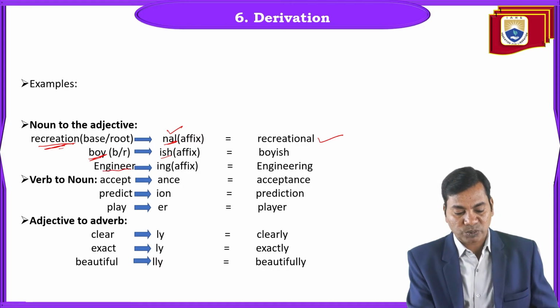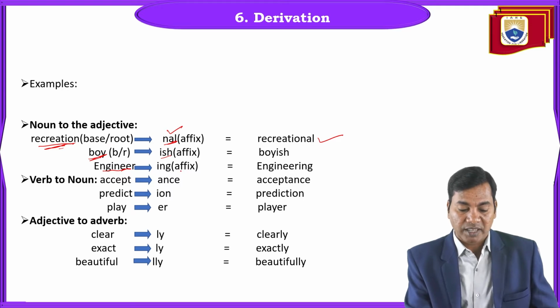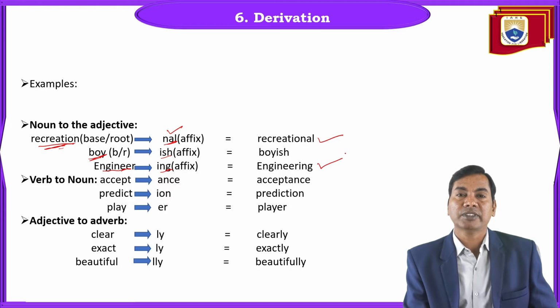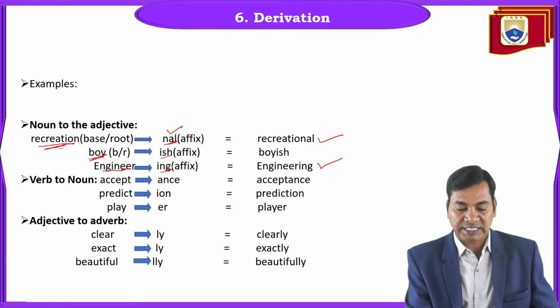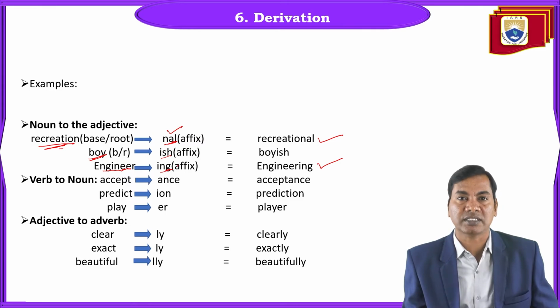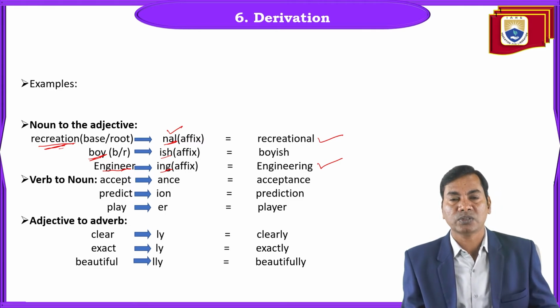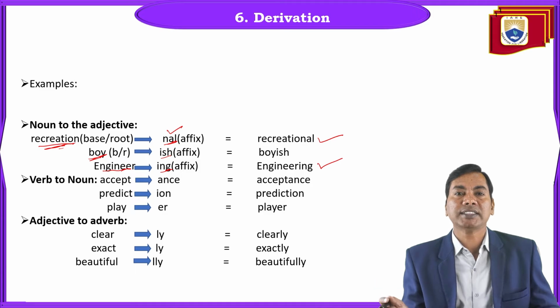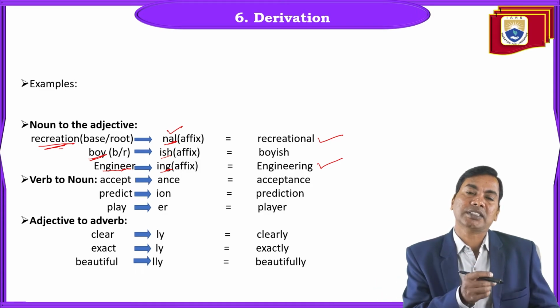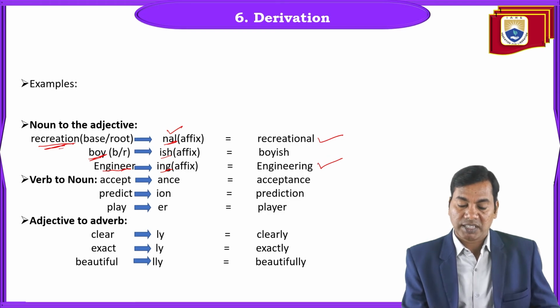Now look at the next one, engineer. It's an existing word which is a noun, and if you affix ing to that, it becomes engineering, which is an adjective. We have got a new word, engineering, by affixing ing to the noun engineer. Engineer is a noun, right? Ing is a bound morpheme. If you affix ing to engineer, then it becomes an adjective.